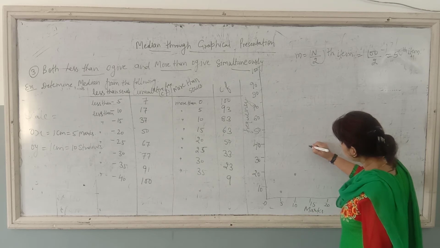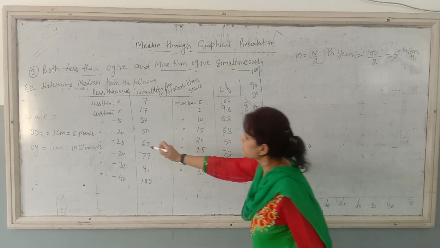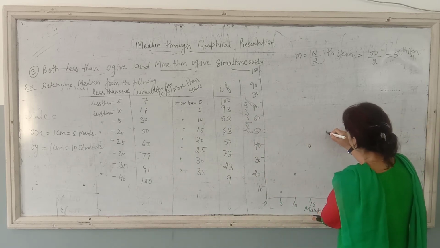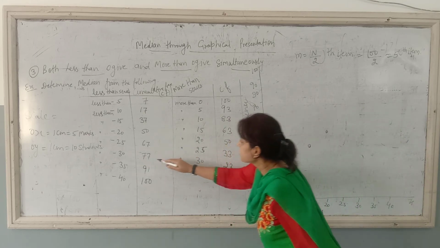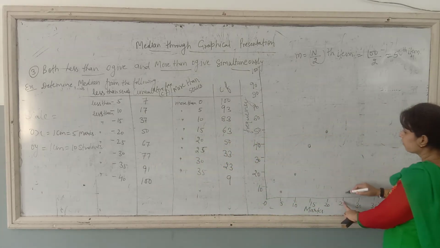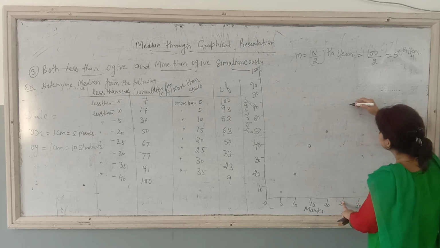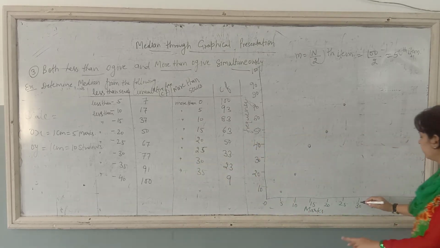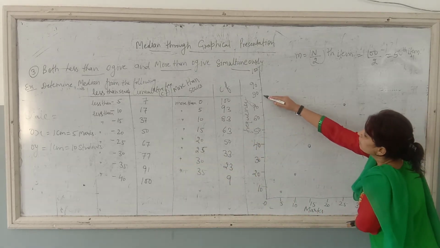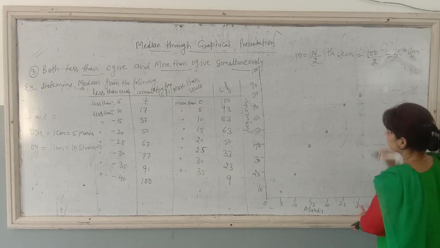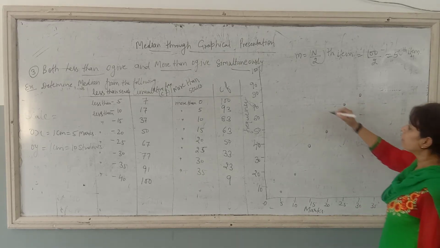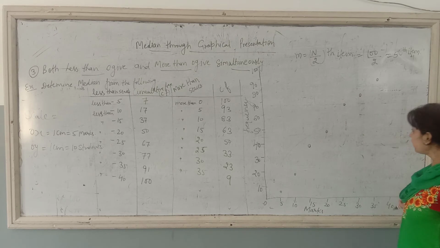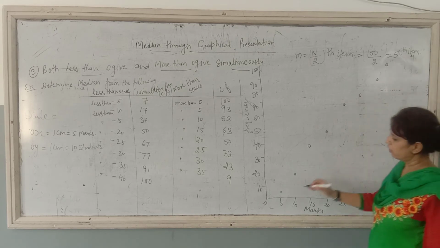Draw it on graph so that you will be able to get your answer exactly. 20, 50. 25, 60. 35, 91 and 40, 100. Clear? Now join them.